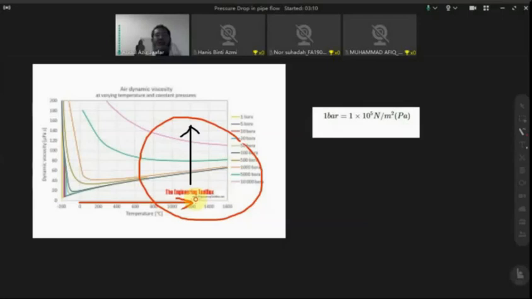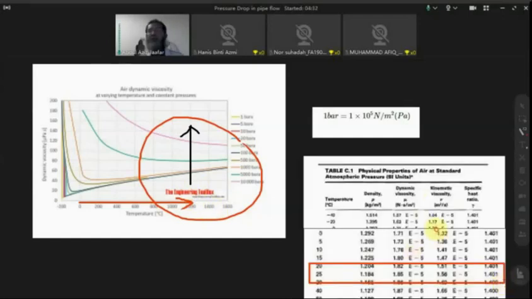So at high temperature, the viscosity of the fluid is increasing when the pressure is lower. And at constant temperature, we can see that at 1 bar, the viscosity becomes lower as the temperature is increasing. And the application of viscosity at high temperature can be seen in the combustion chamber.